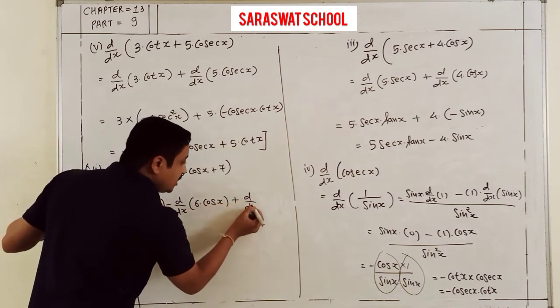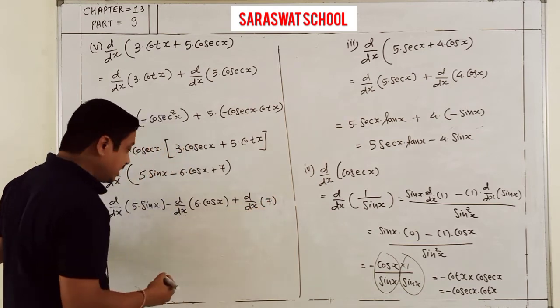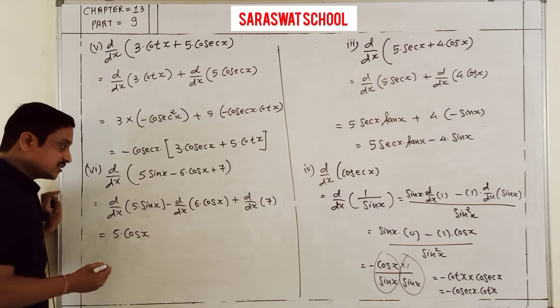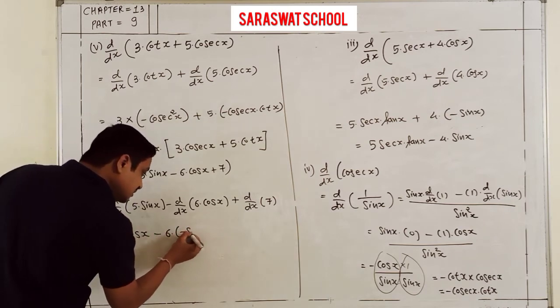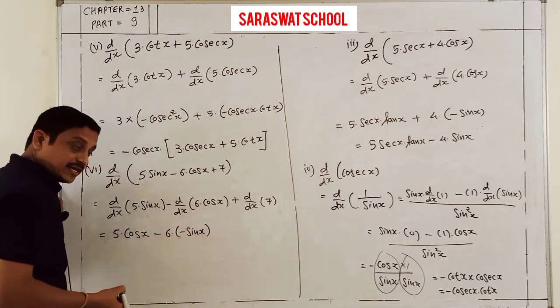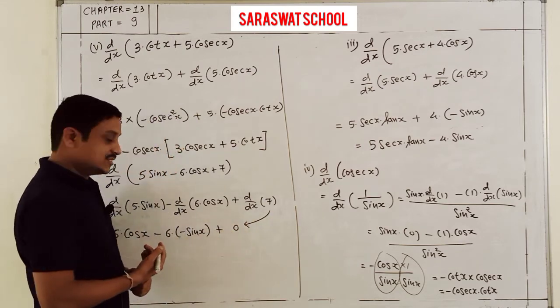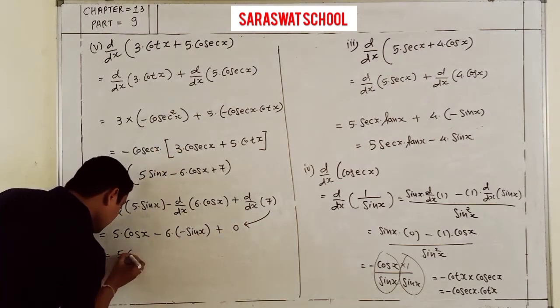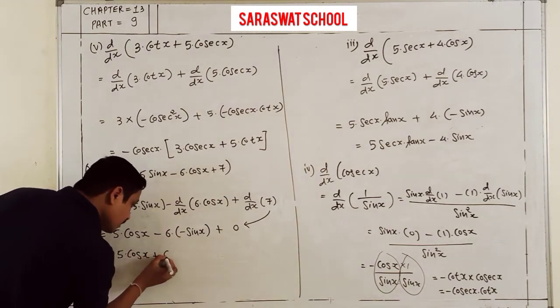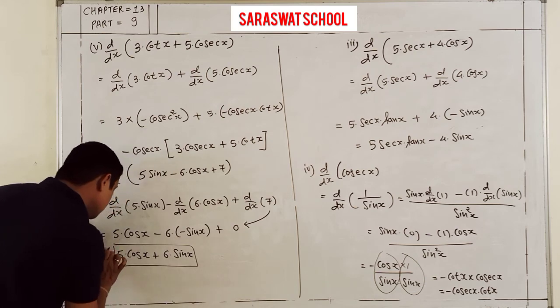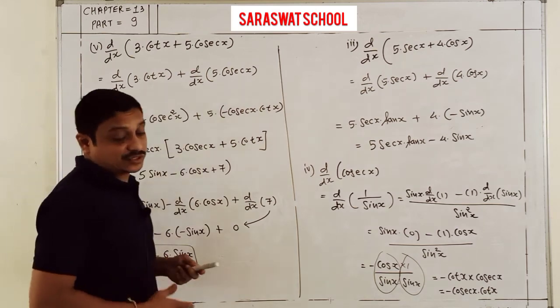The derivative of cos x is minus sin x, and the derivative of a constant is definitely 0. So your final answer is 5 cos x plus 6 sin x.